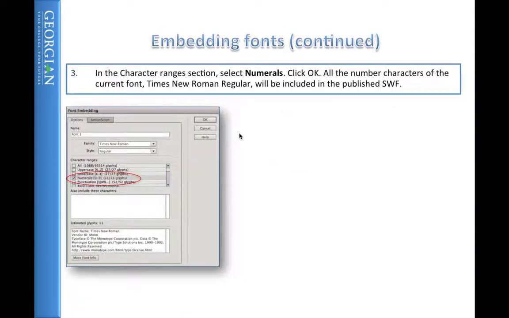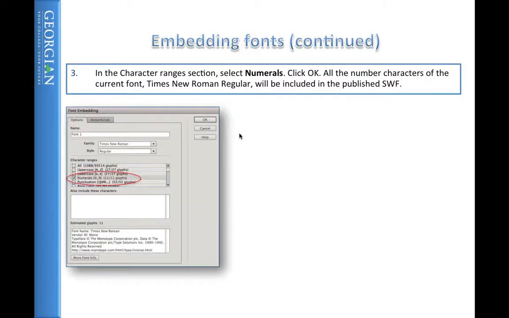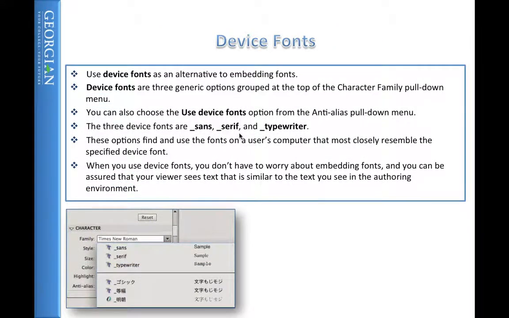Let me see if I'm not wrong. Yep. Another alternative when you're doing this kind of stuff is you can make the user have whatever device fonts he's got built into his device.